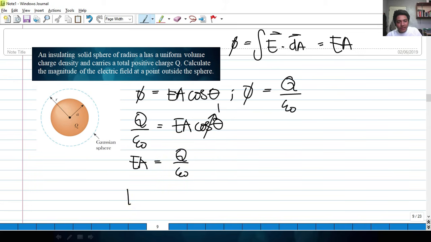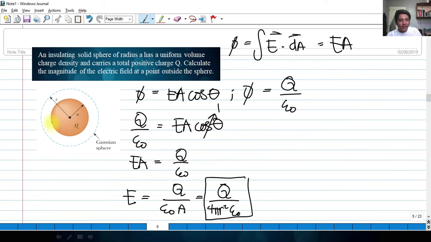So we can get the electric field at that point: Q over epsilon sub 0 A. What is the surface area for a sphere? That's correct, 4 pi r squared. So E is Q over 4 pi r squared epsilon sub 0, and this is the electric field at this point using Gauss's law.